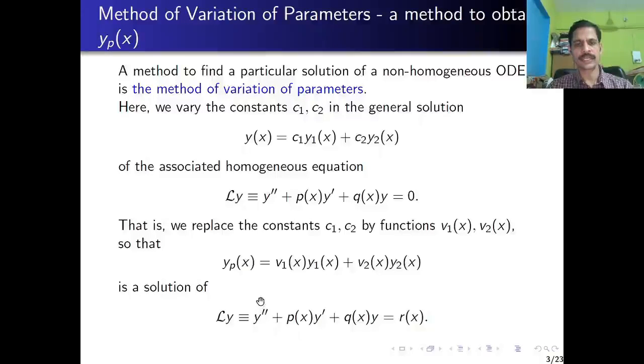If it has to be a particular solution of the non-homogeneous ODE, namely Ly = R(x), then when you replace y by yp, that is when we write yp'' + p(x) yp' + q(x) yp, it should be equal to R(x).